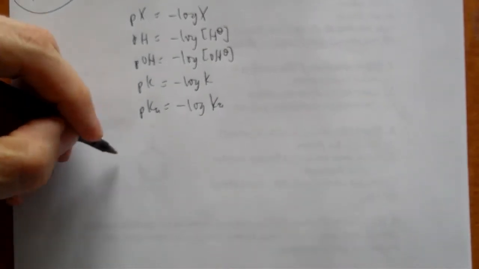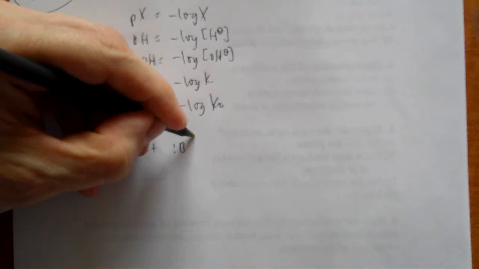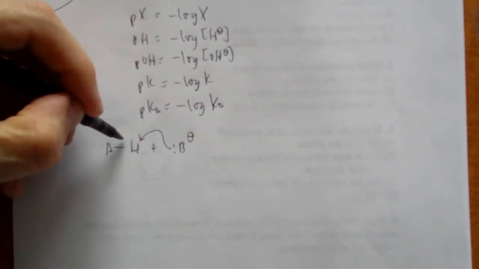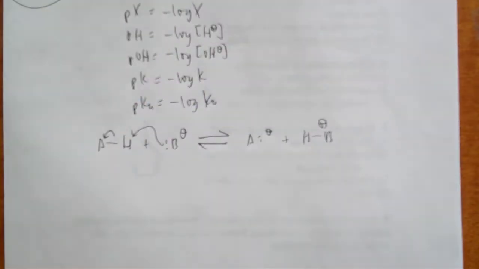So, if we're looking at an acid-base reaction, AH plus B minus goes to A minus plus BH plus, right?